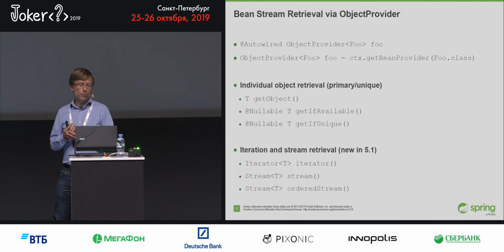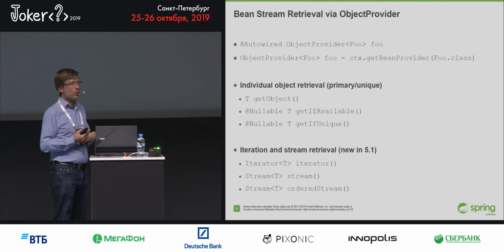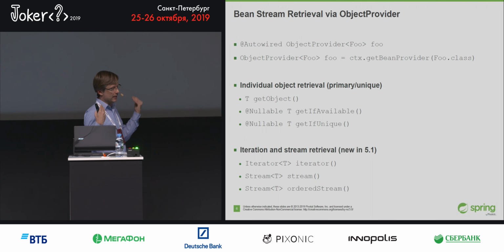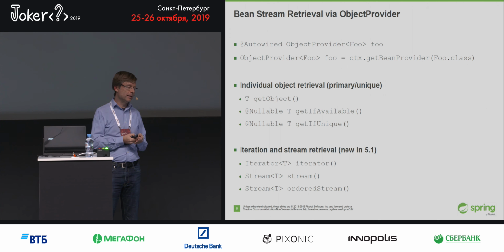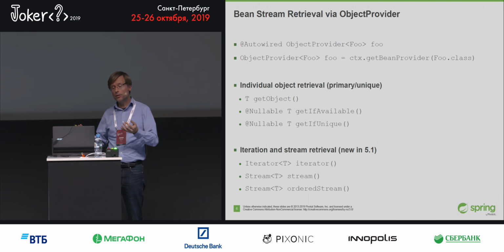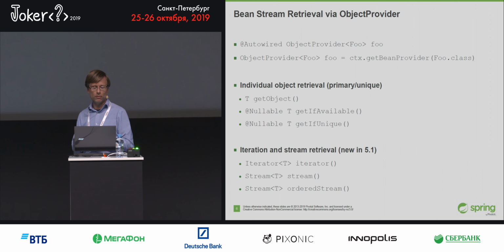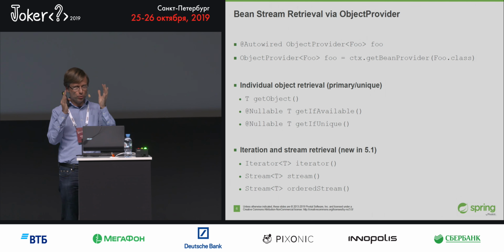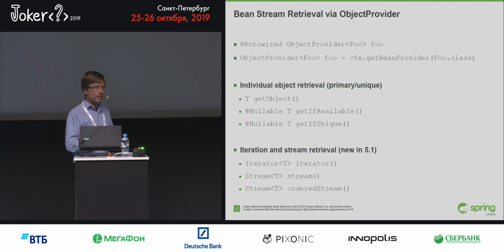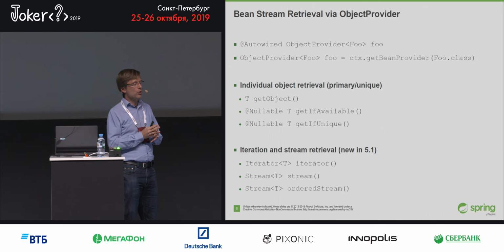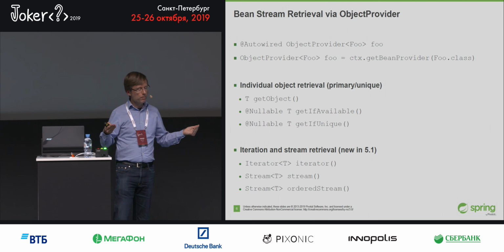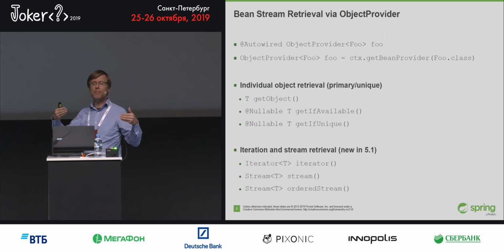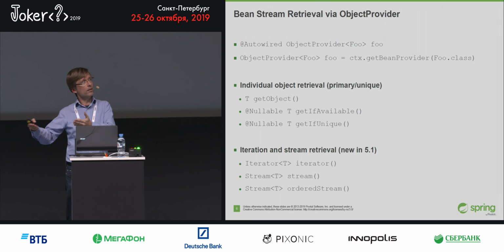Now, in recent efforts, ObjectProvider also got enhanced with allowing access to multiple matching instances. Previously, it was always only talking to a single matching instance. We recommend now to do ObjectProvider of Foo if you have to make an assumption that there might be more than one instance of this target type.